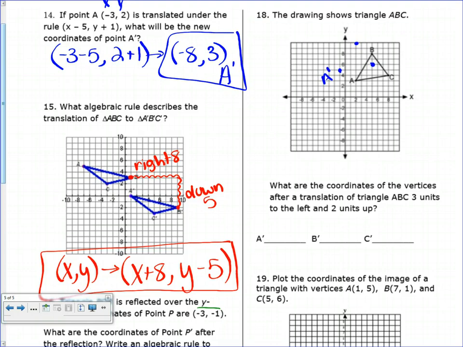So there's A prime, B prime, C prime. So A prime is at -1, 5. B prime is at 2, 10. And C prime is at 5, 6.